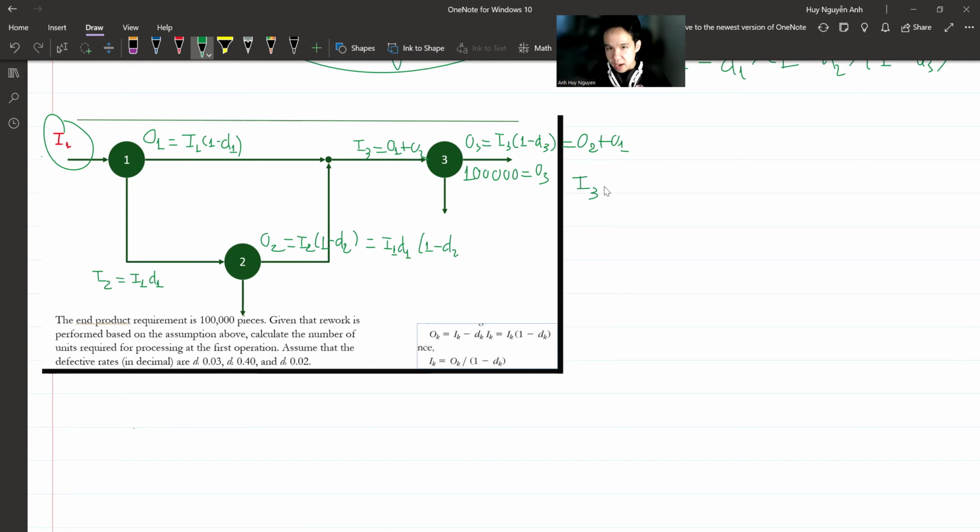So now if I3 equals O3 over 1 minus D3, let me see how much it is. 102,040.8, right? So this is equal to O1 plus O2.